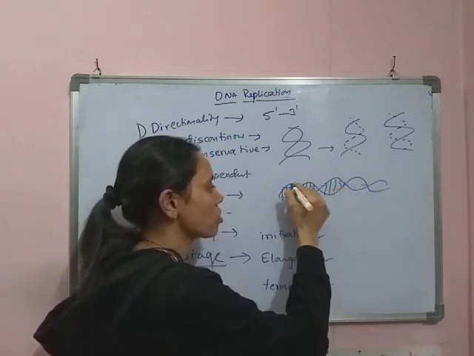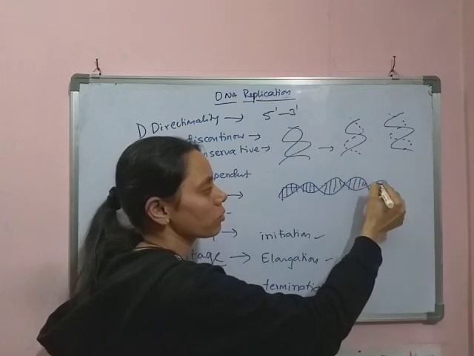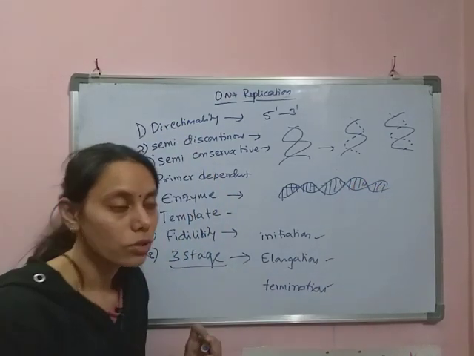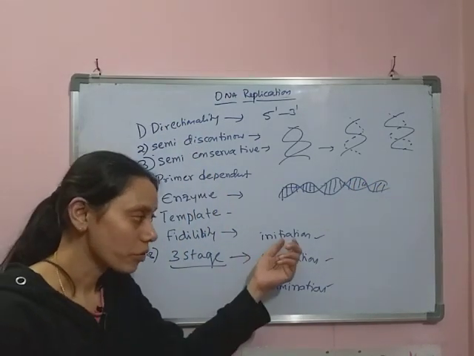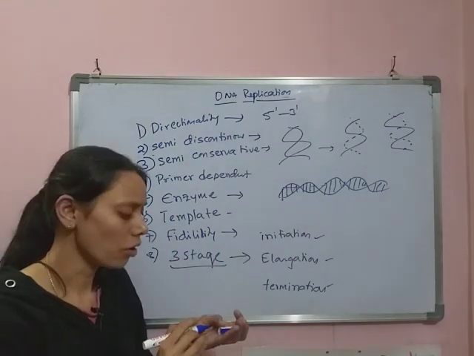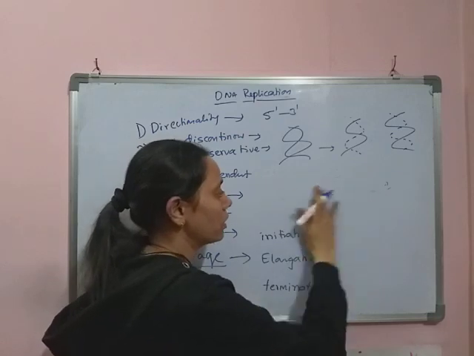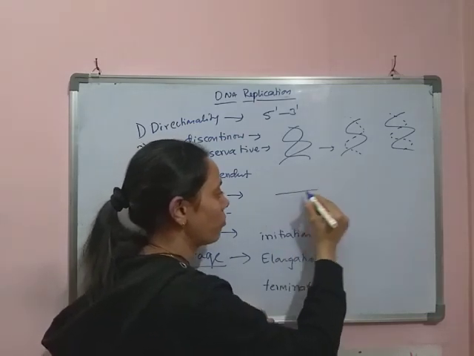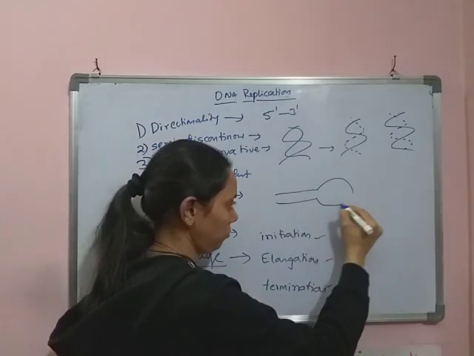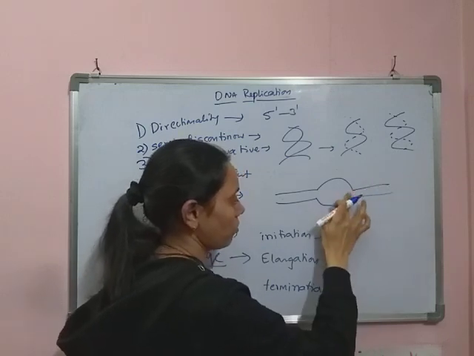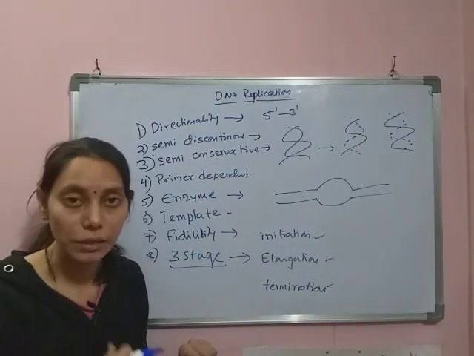The 2 strands come close together by hydrogen bonds. So during the process of initiation of replication, this kind of DNA must be opened wherever it is going for the replication.